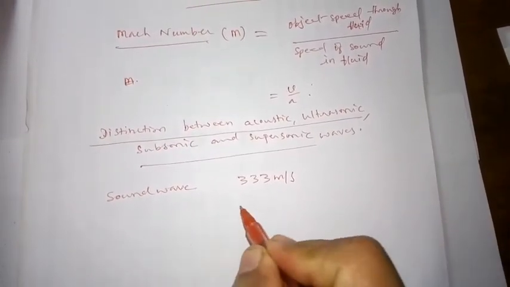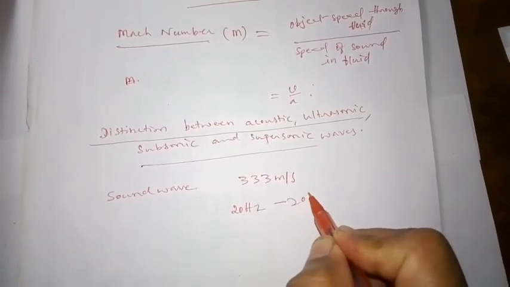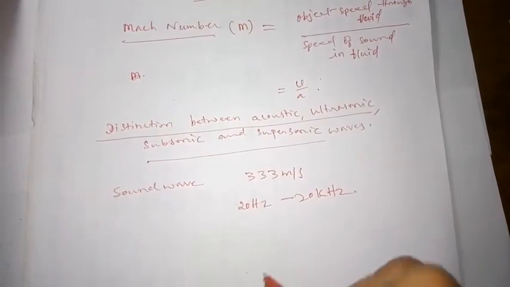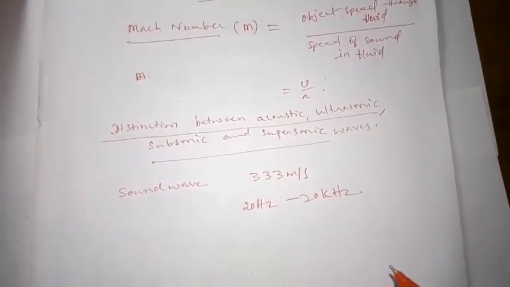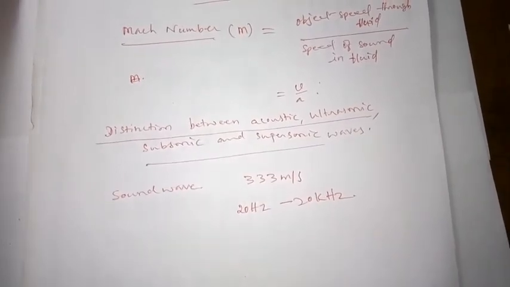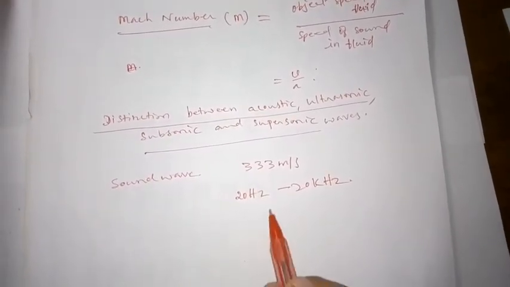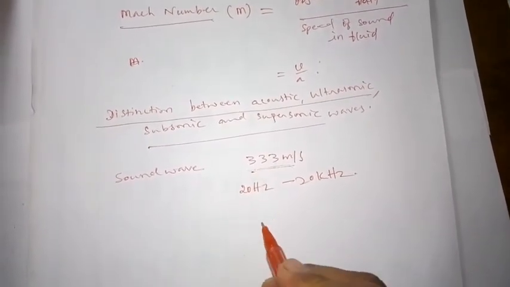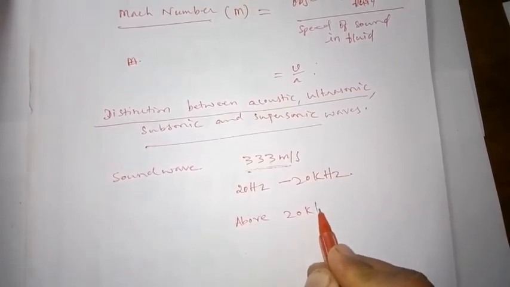It has a frequency of 20 Hertz to 20 kilohertz. This is known as the human audible region. The amplitude of an acoustic wave is very small.